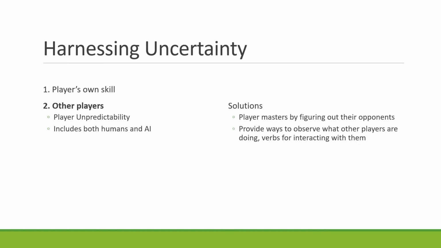In contrast, if the uncertainty in our game is centered on other players, such as player unpredictability against human or AI enemies, we can help the player by giving them space to figure out their opponents and space to observe what other players are doing and experiment.